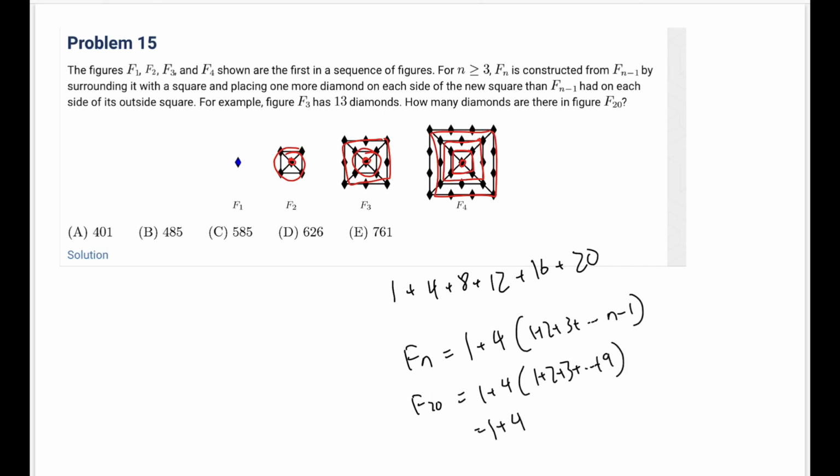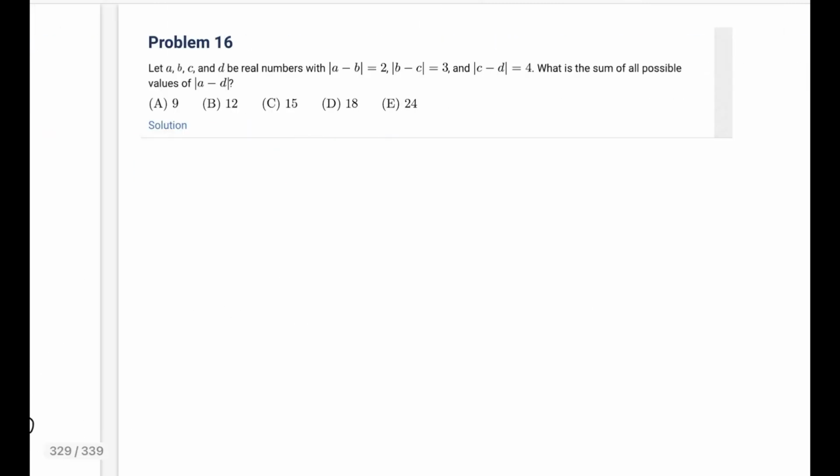This is 1 plus 4 times 19 times 20 over 2. So this is 1 plus 4 times 19 times 10. This is 1 plus 19 times 4 is 76. So this is 760. The answer is 761. So the answer is E.